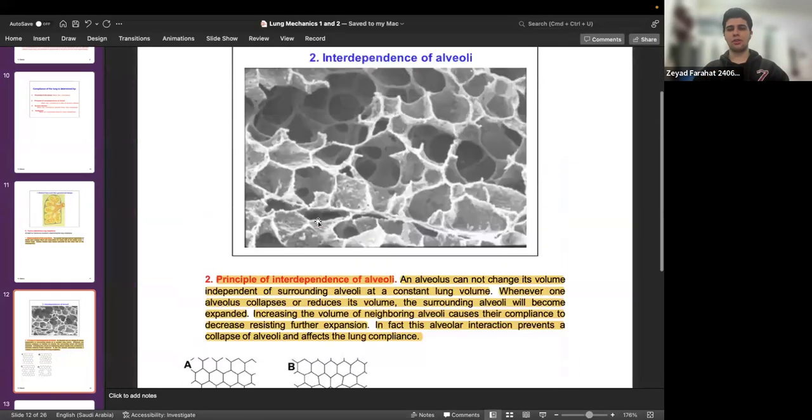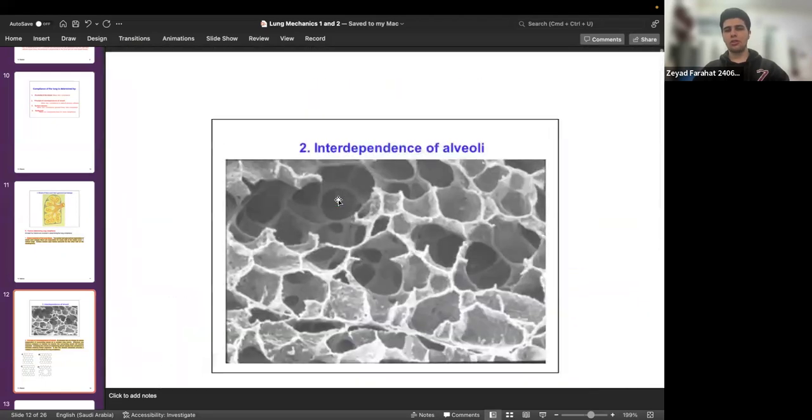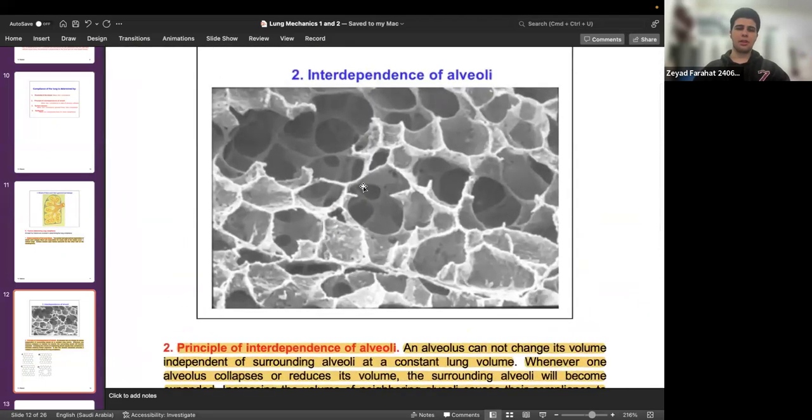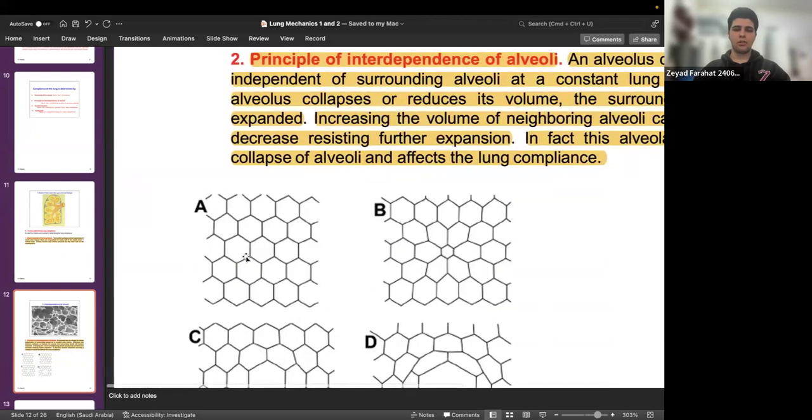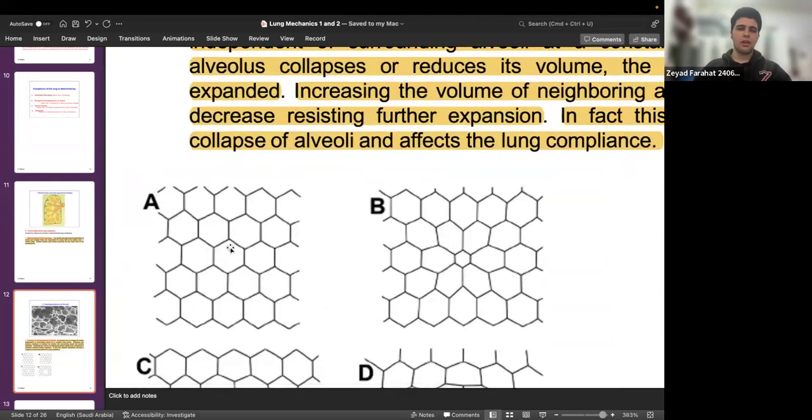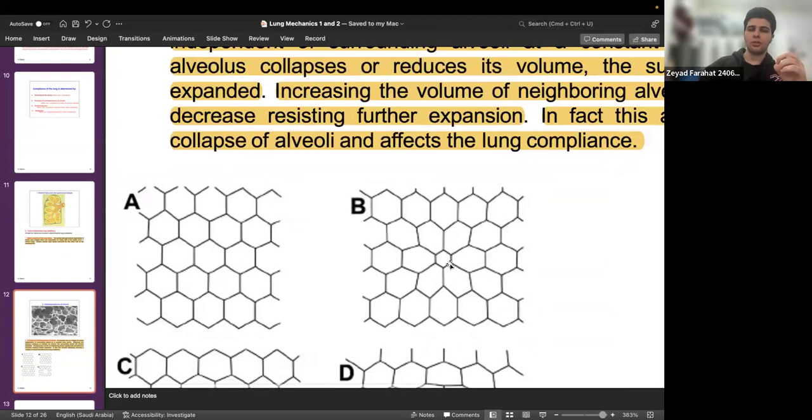Here, it's interdependence of alveoli. The concept of interdependence literally means that the walls of the alveoli, like here, for example, are stuck to each other. So they're interdependent because they're attached to one another. What happens is, if one of them is decreased in size, the other is increased in size. Why is this important?